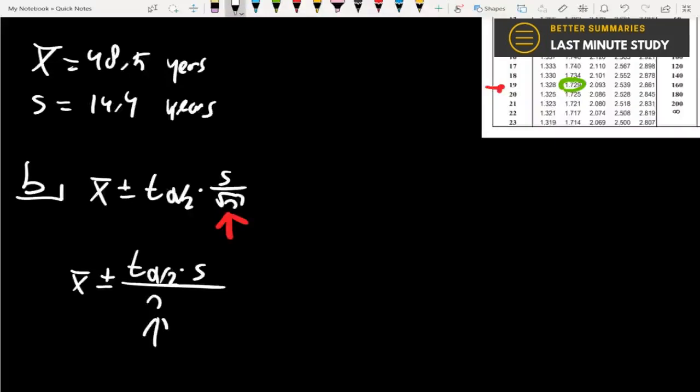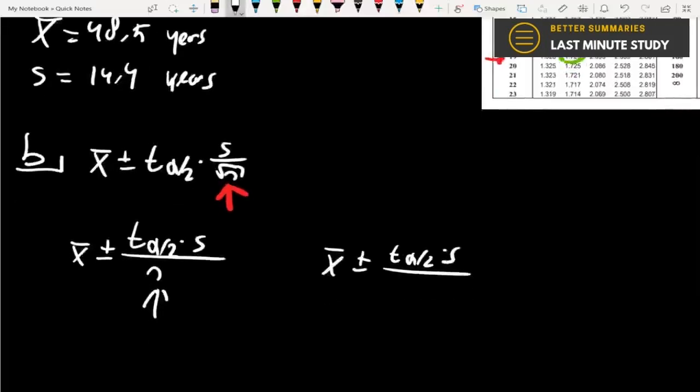Suppose n becomes really big. Then x bar plus minus t alpha over 2 times the standard deviation over something bigger than n. Suppose n was 20 in our case, and now it's going to be 50.